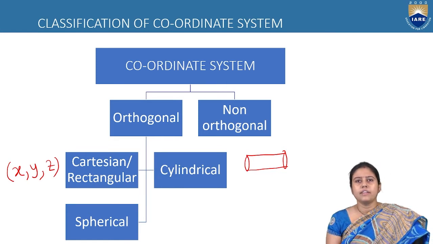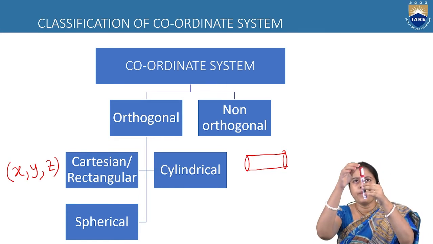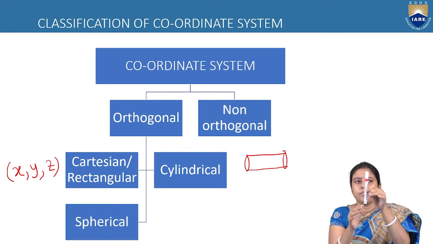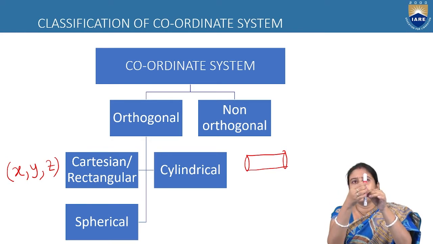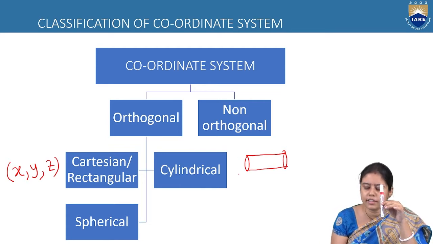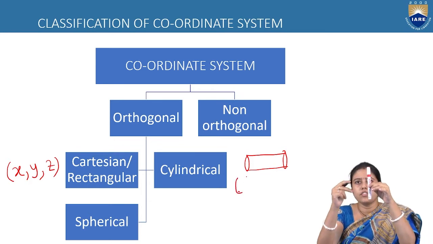We can also give the example of the pen. This is a good example of the cylindrical coordinate system. It also has 3 parameters: one is this circle, another one is the height. So what are the axes we can write? The axis is the radius of the cylinder.